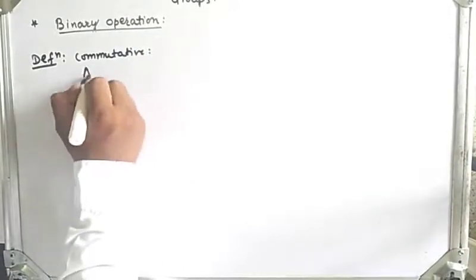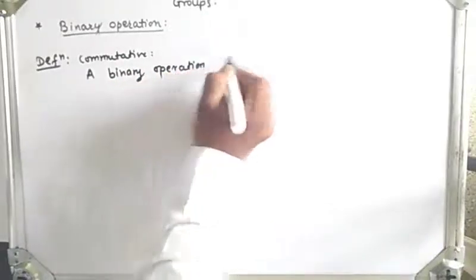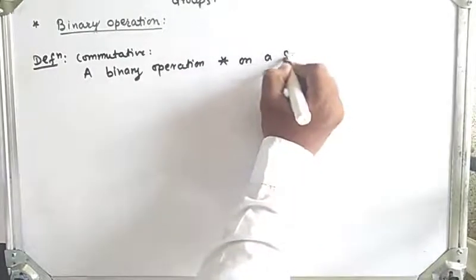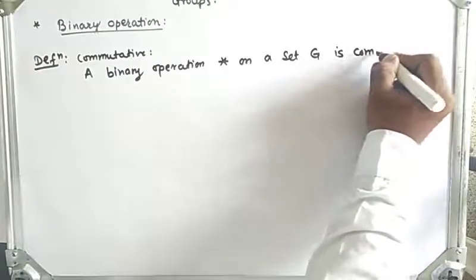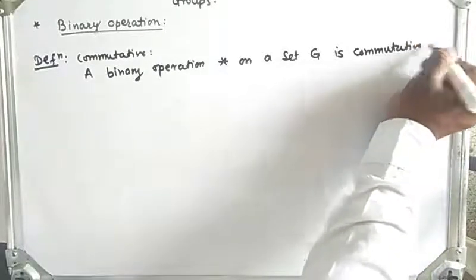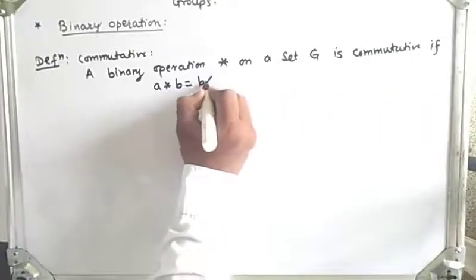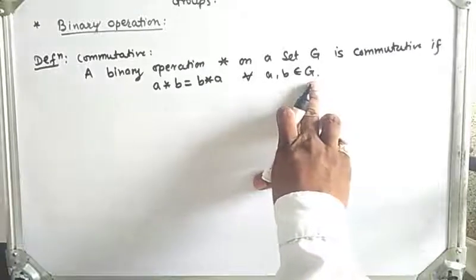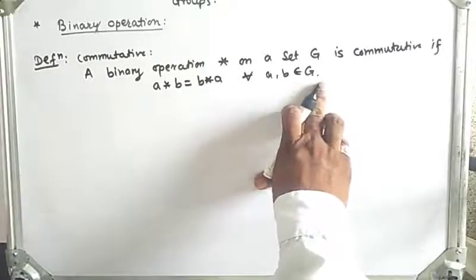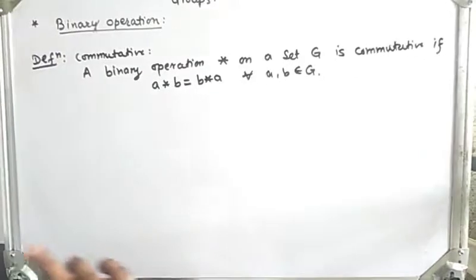A binary operation star on a set G is commutative if A star B is the same as B star A for all A, B belonging to G. If G is any set and I take any two elements from G, then it must satisfy A star B equal to B star A, and then we say that it is commutative, right?